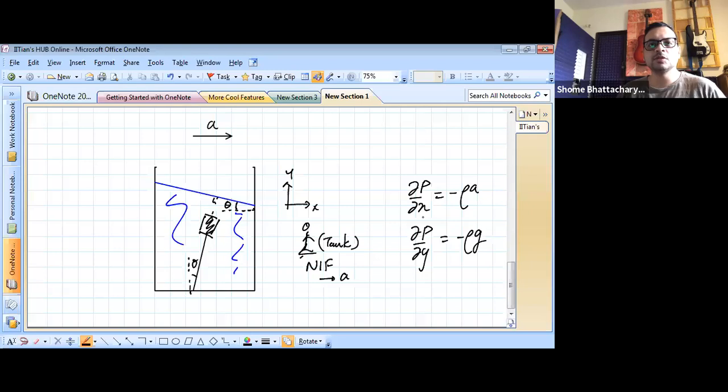Have you understood this point, people? I hope this point is clear. Horizontal pressure gradient concept.